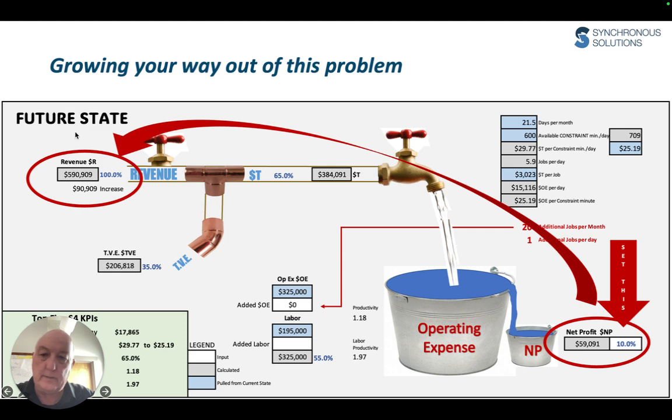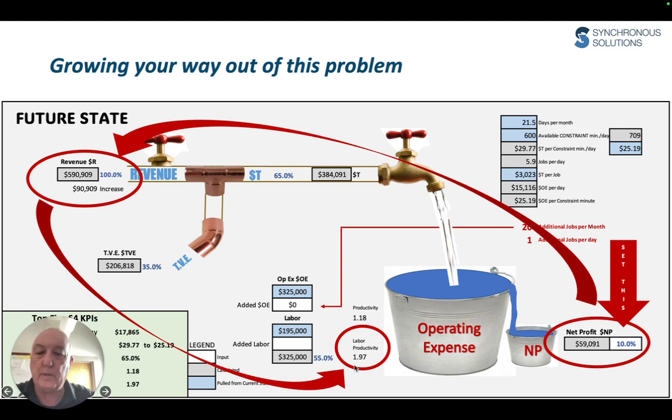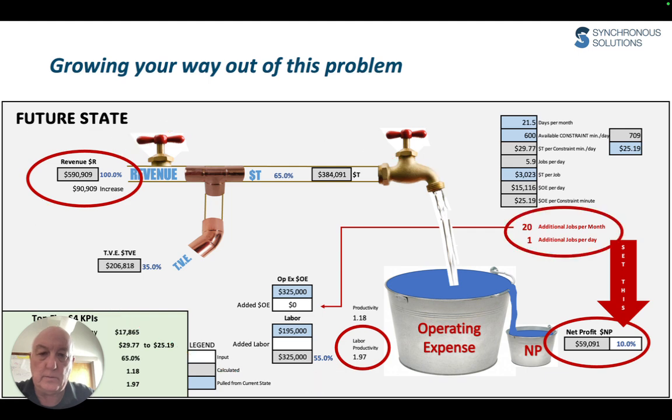That leads to that revenue, which leads to this labor ratio, which means we would need to add 20 jobs per month if the average job is about $3,000 per job. That's one job per day, which would get your productivity number from, if you remember, 1.67 up to 1.97.